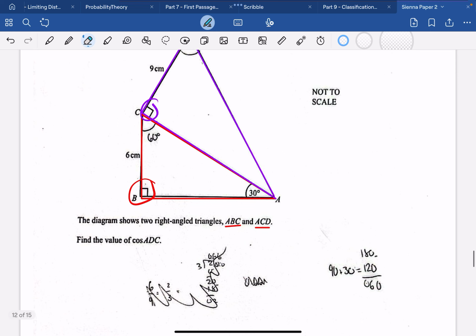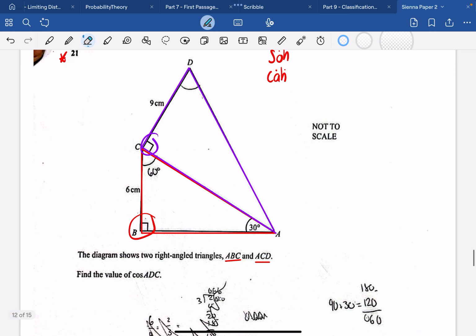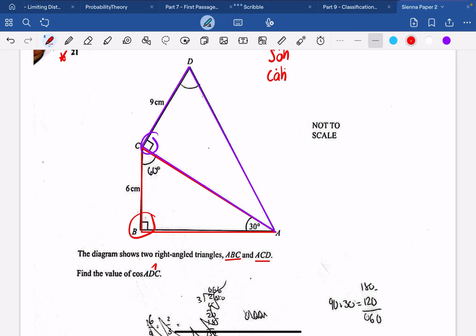Forget about the last bit I said. ADC, so they probably want the angle here. They should tell you the angle because you don't know if it's this angle or that angle, but I think it's going to be the angle at the top because the middle is usually where you want. Okay.